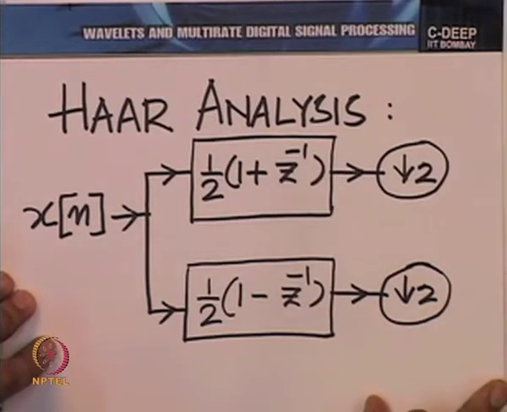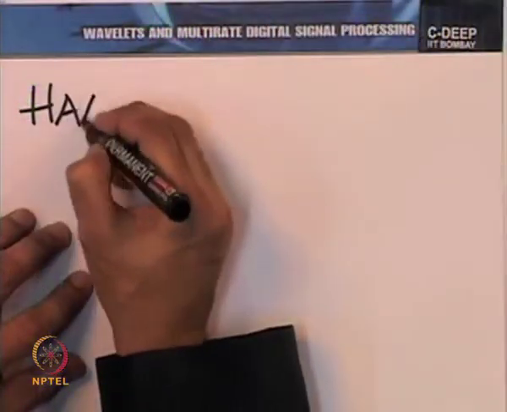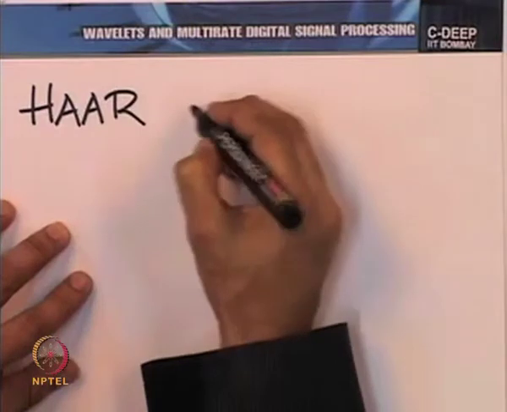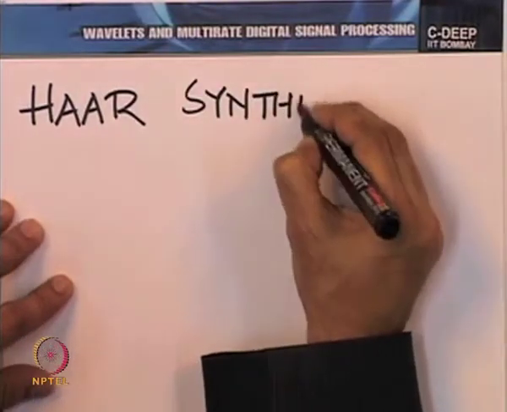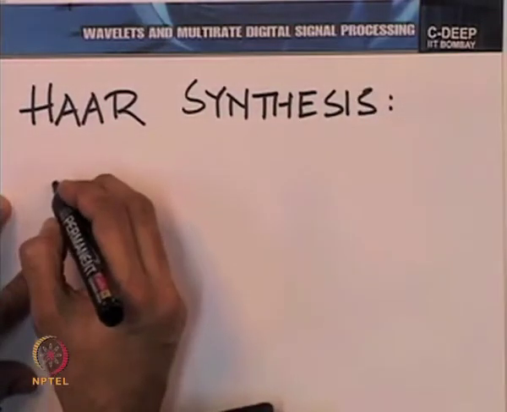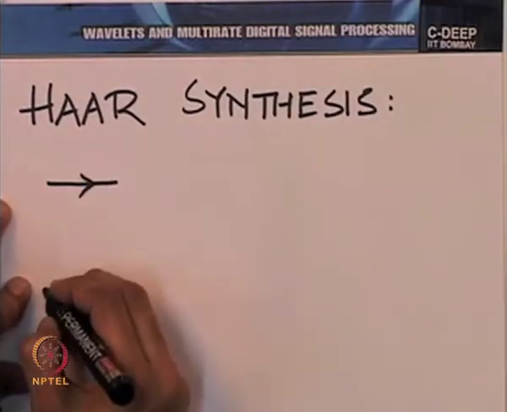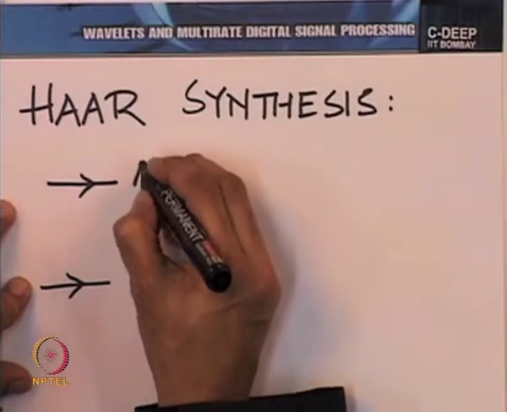We had also derived the structure of the synthesis filter bank, and interestingly we saw the structure was very similar. In fact, it looked almost like a mirror image here. Except for the fact that you had an upsampler instead of a downsampler.